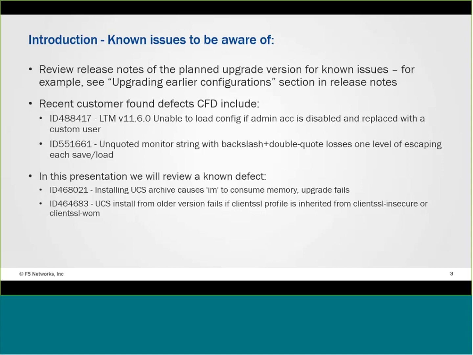In this presentation, we will be taking a look at the last two customer found defects, 468021 and 464683. These particular IDs have contributed significantly to a large number of cases open with support with regards to upgrade failures.